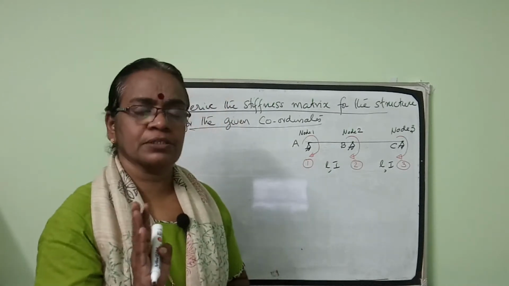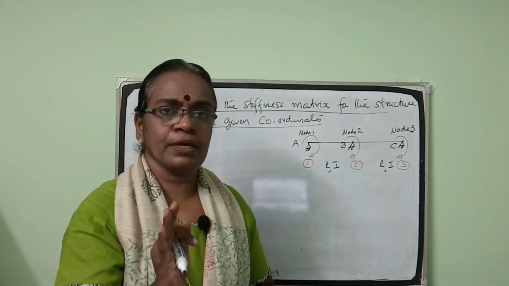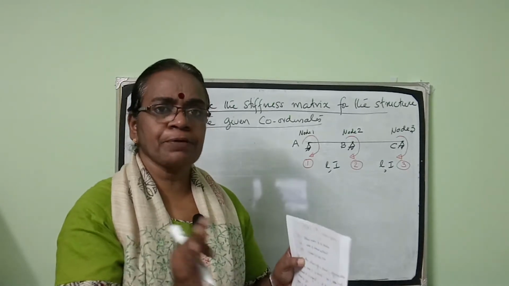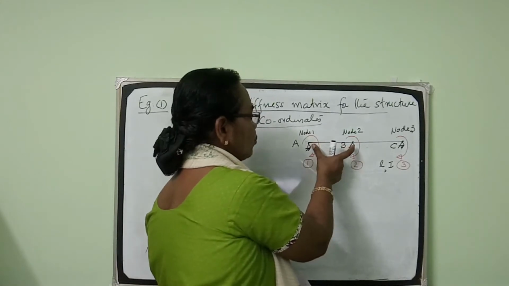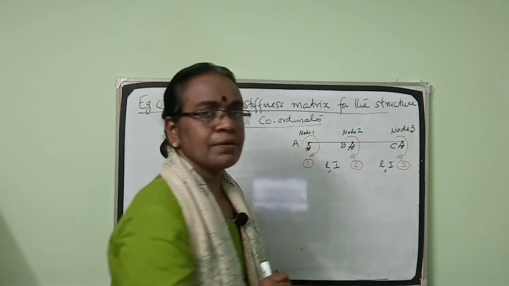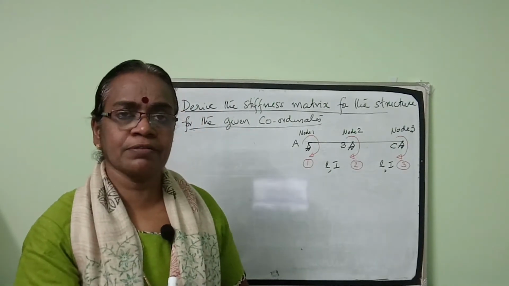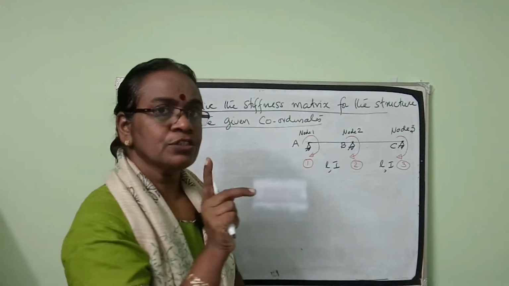In matrix method, the most important thing is the structure. It can be split up into different elements. So the structure ABC can be viewed as an element AB and element BC, assembly of two elements. And each element will be having two nodes.